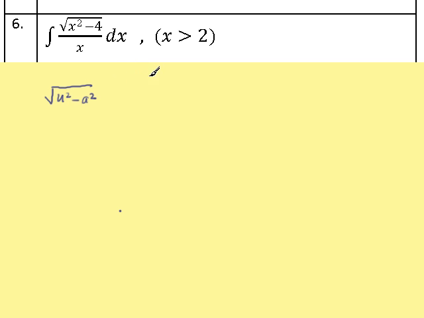The trig substitution that we do in this case is u is equal to a secant theta, and du is equal to a secant theta tangent theta d theta.